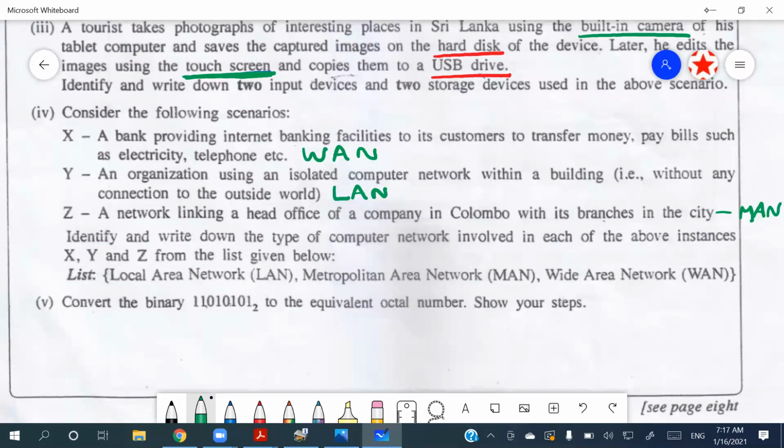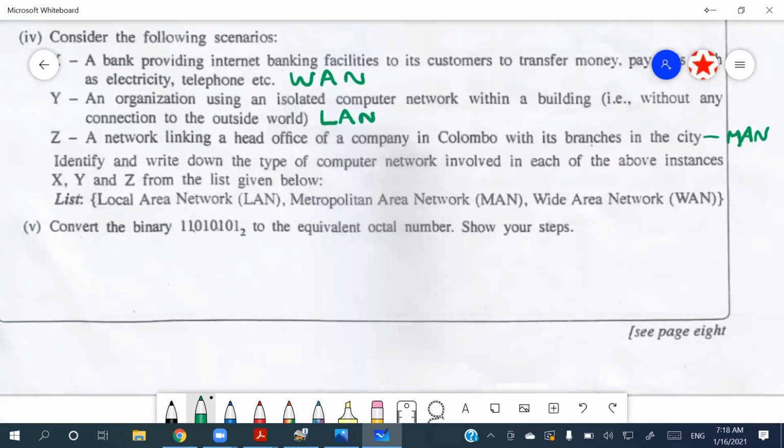And the fifth one says convert the binary to the equivalent octal number. Show your steps. So, which is a very easy one, right? So here comes the binary. If we need to convert this into an octal, starting from the right hand side, we are going to group these things.